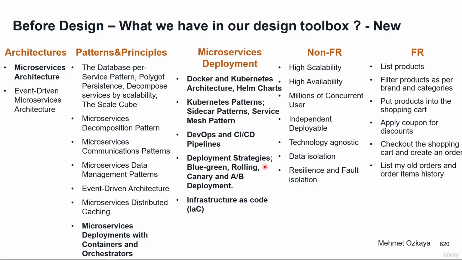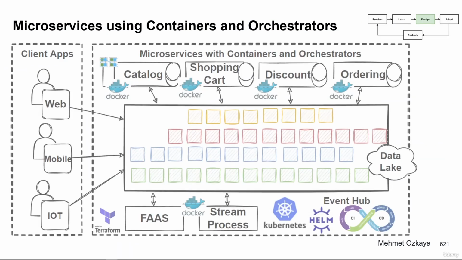We can see deployment strategies, which are blue-green, rolling, canary and A/B testing deployments. And we have learned infrastructure as code principles and practices in our architecture. So we can refactor our design as per our newly learned patterns and principles.